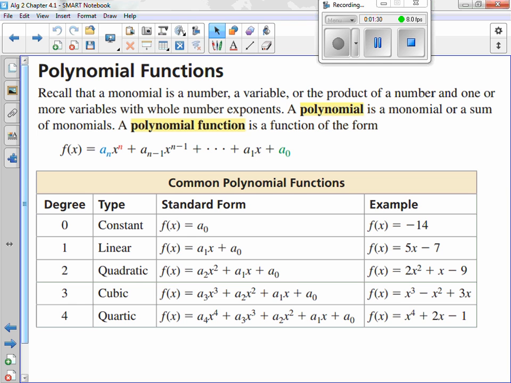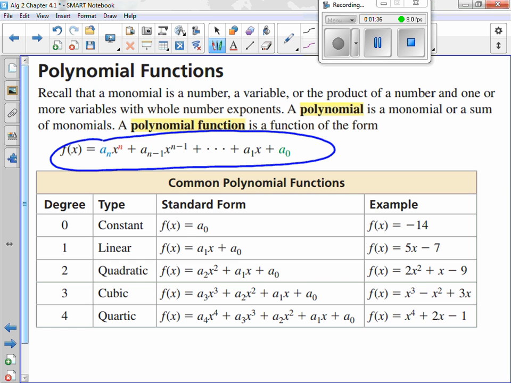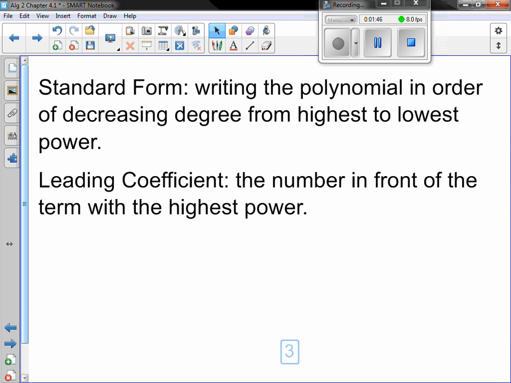This here looks terrible for most of y'all, but it's just a way to define any higher degree polynomial function. What we're doing today is actually not as bad as you might think. So the first thing we're going to do is go over some vocabulary and ways we write this.